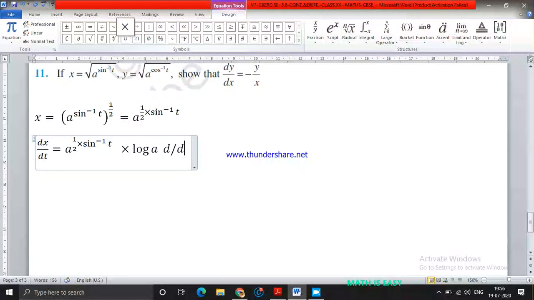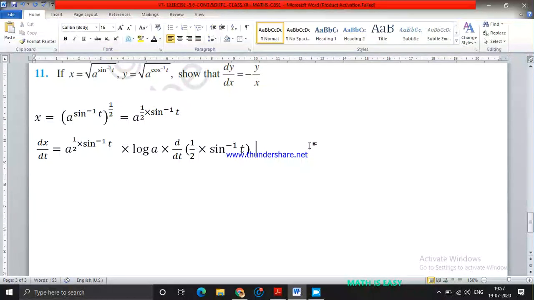Now here, d by dt of theta, because in place of a power x I have theta as this one, derivative of theta will come. So just chain rule I am combining here.